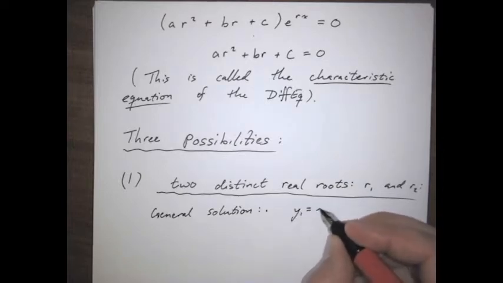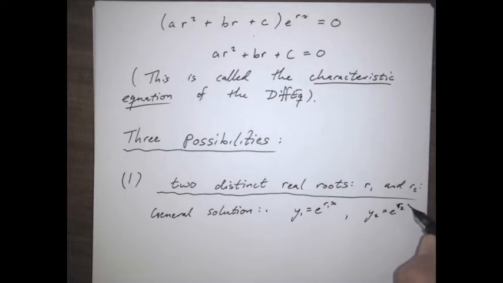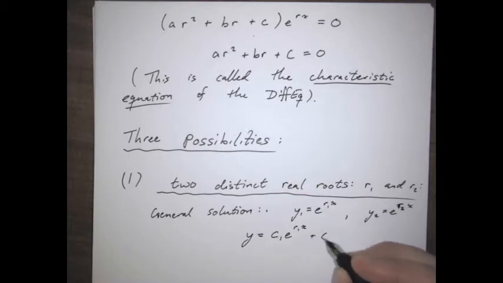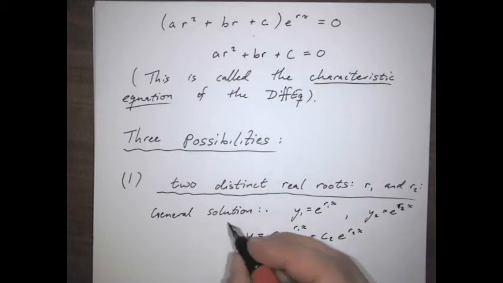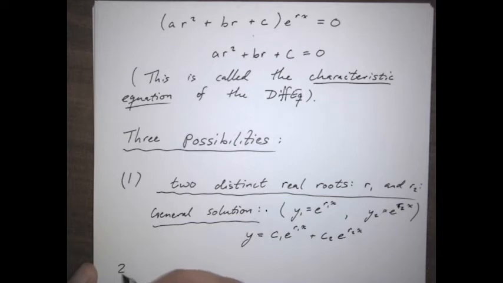So y1 can equal e to the r1x, y2 can equal e to the r2x, and so then y can be what you get when you take the linear combinations of those, and you'll have c1 e to the r1x plus c2 e to the r2x. Okay, so that's what happens if we have two distinct real roots.